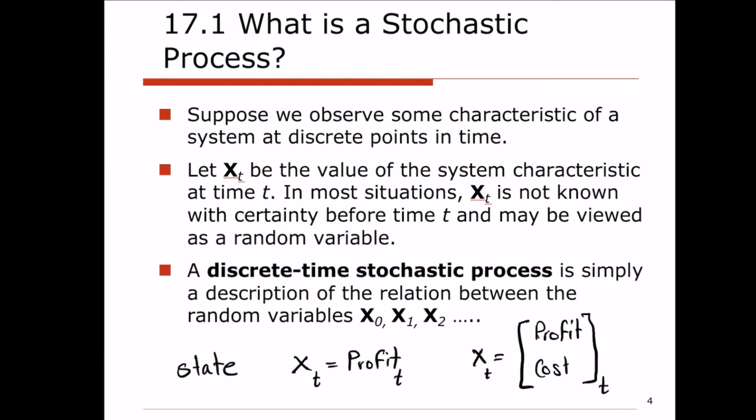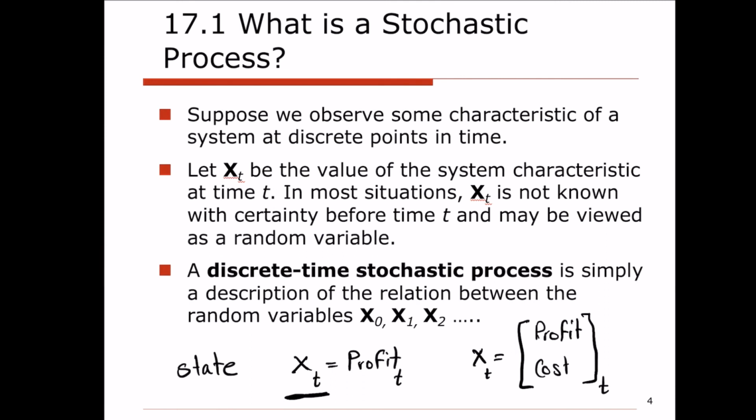Now if we are interested in monitoring and recording the value of these characteristics of interest at discrete points of time, we call that system a discrete time stochastic process. What does that mean? For example, for the stock market, let's assume we are interested in monitoring and recording the value of the stock as the characteristic of interest at the end of each day.